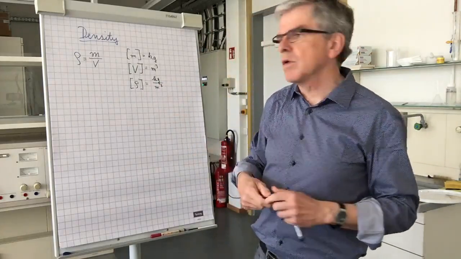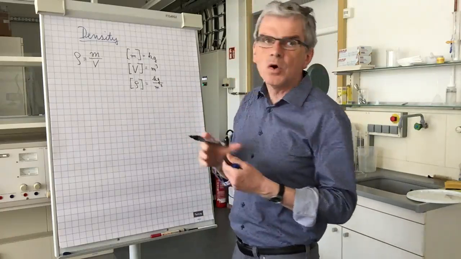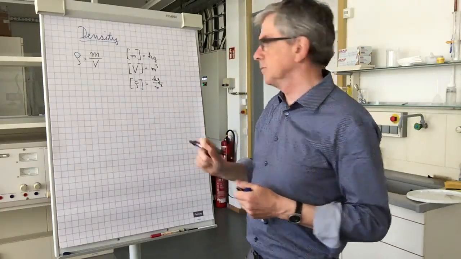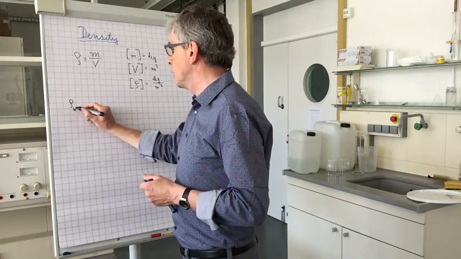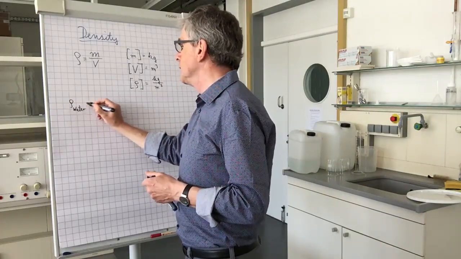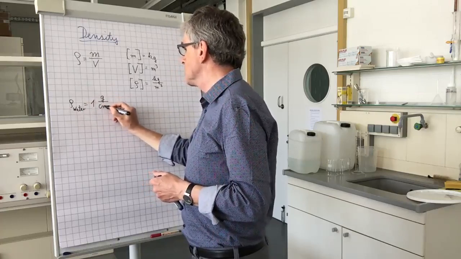You all know this quantity of the density, and you all know the density of water. Usually, the density of water is given as 1 gram per cubic centimeter.